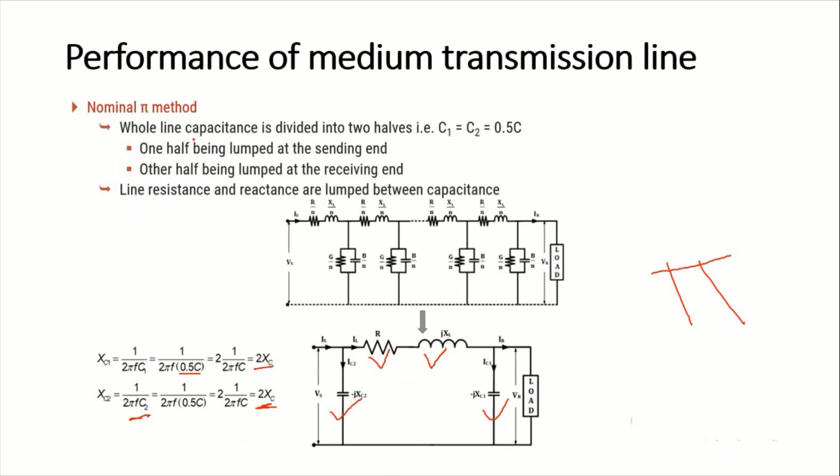Means the whole line capacitance is divided into two halves, each 0.5 C, and their capacitive reactance becomes 2XC. Capacitance decreases, so its capacitive reactance increases 2 times. Capacitance is decreasing by half, so capacitive reactance is increasing 2 times. Clear?